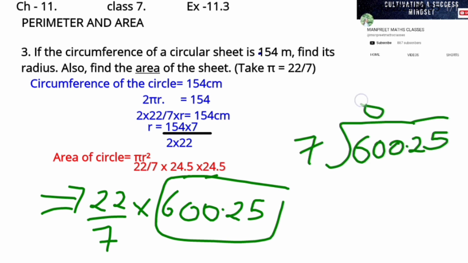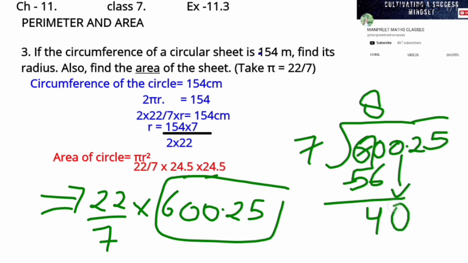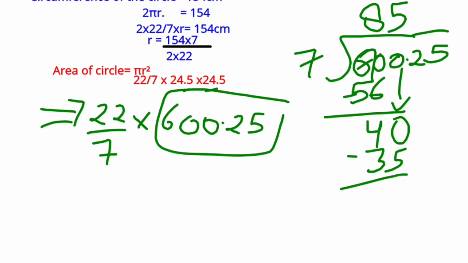7 8s are 56. 60 minus 56. We'll take carries. 10 minus 6 4. Here it is 5. 5 minus 5 0. Now we'll bring this 0 downside. Now 7 5s are 35. Subtract, minus 35 5. Now this decimal you will put in your answer.